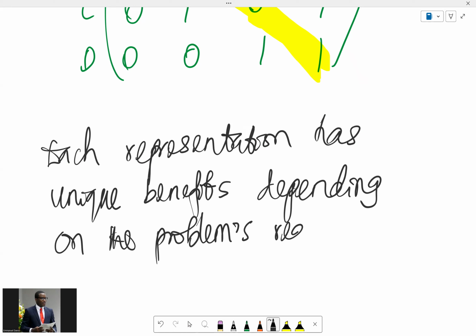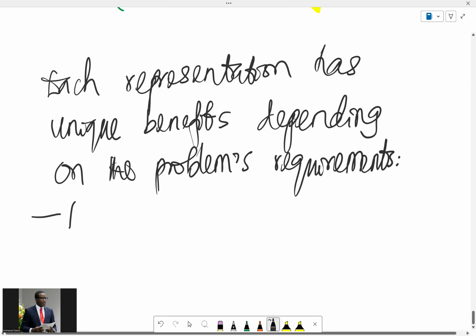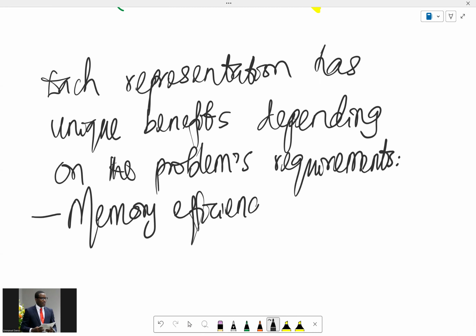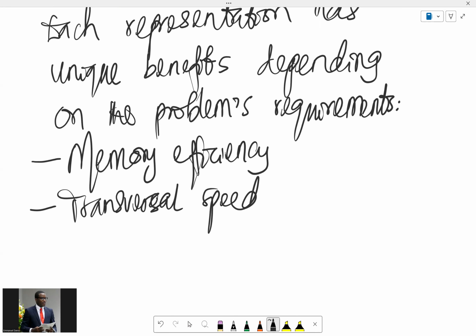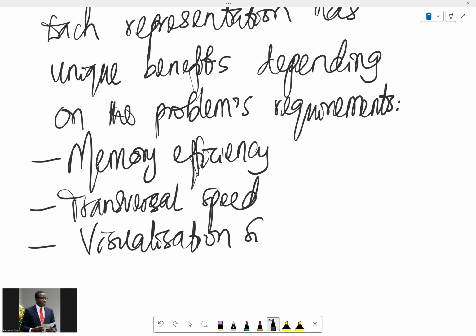It could be memory efficiency, where you want to maximize memory, or traversal speed, or visualization simplicity. Depending on the situation, you can choose what you do want and what you don't want.